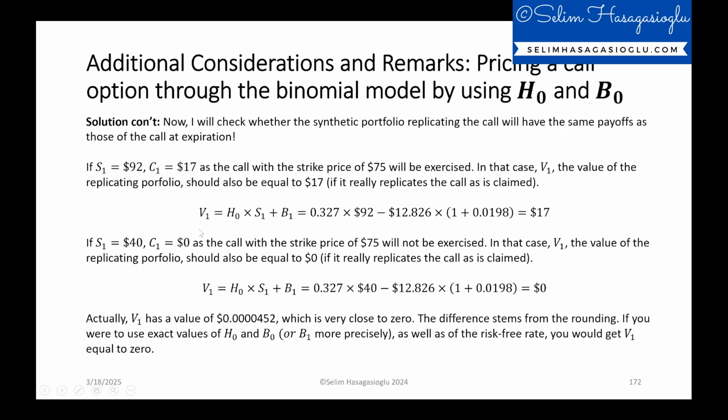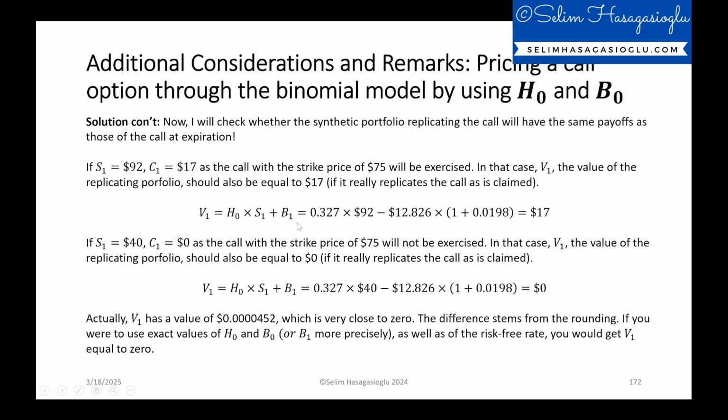So at time 1, V1 should be equal to H0 multiplied by S1 plus B1, not B0, because we are looking at the value of the replicating portfolio at time 1. Remember, H0 was 0.327 multiplied by S1 plus, in that case, because the stock price has increased, multiplied by $92, plus B1.